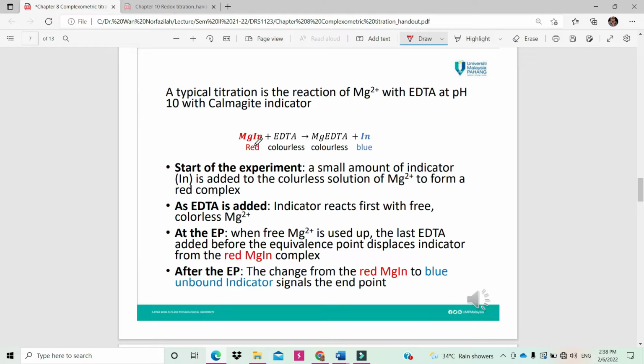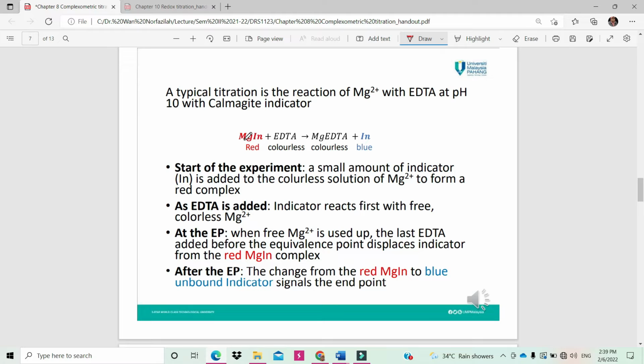What happened is that the magnesium combined with the indicator will be red color, and then reacts with the EDTA, it will form the magnesium EDTA. Okay, so this magnesium EDTA is colorless, but the one that changes the color is the indicator. When it reacts with magnesium, it is in red color.